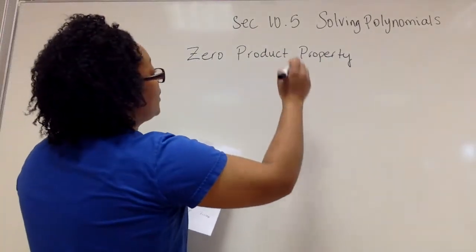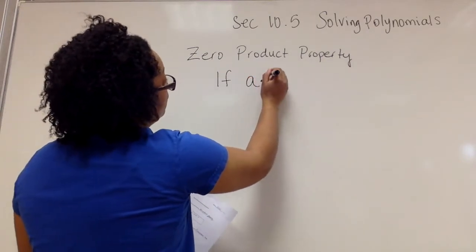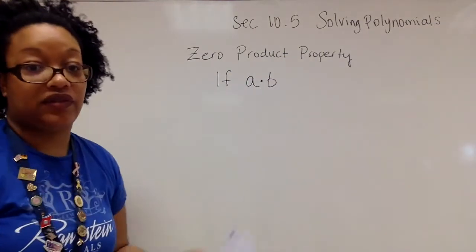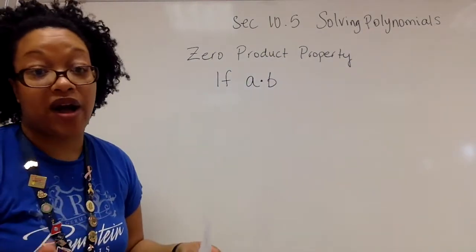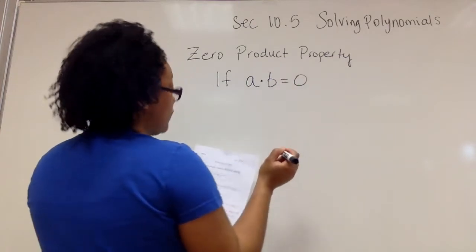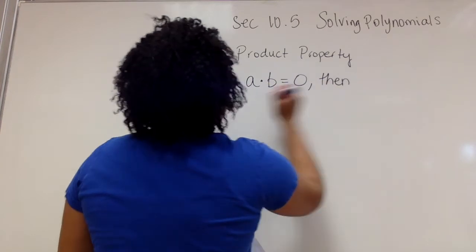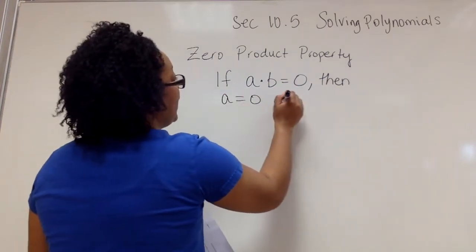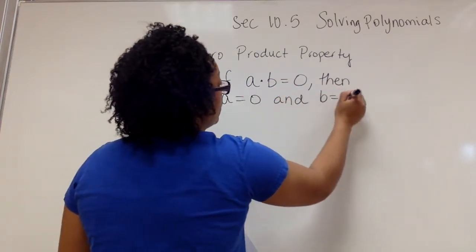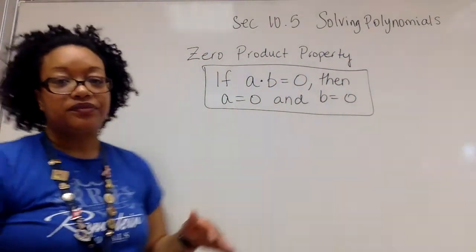The zero product property says, if you have two expressions, numbers, in our case they'll be polynomials, a times b, and it's set equal to 0, then what we have to do is let a equal 0 and b equal 0. Now, you're like, what in the world are you talking about? Well, think about it.